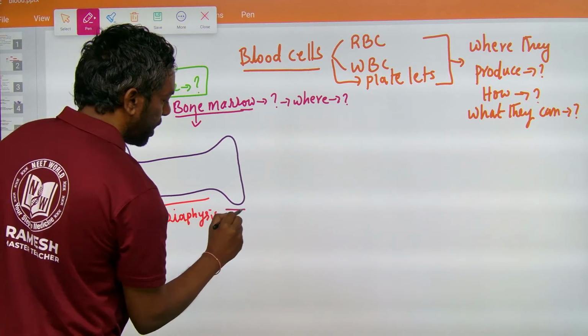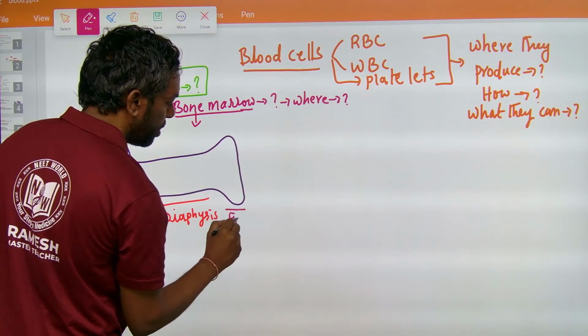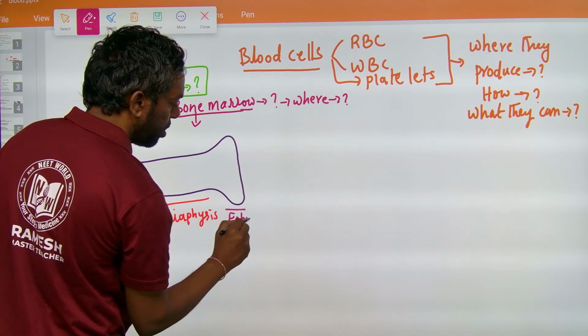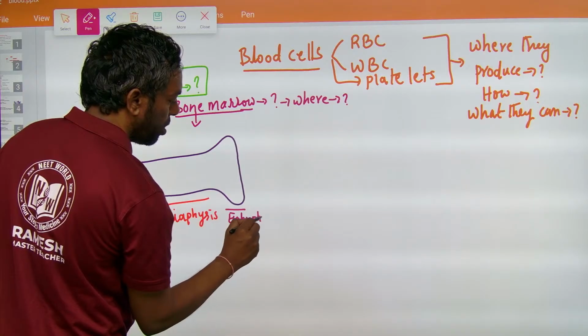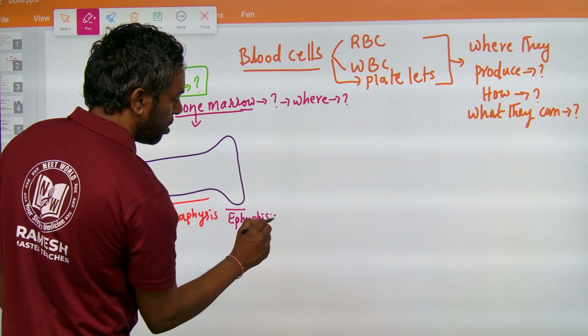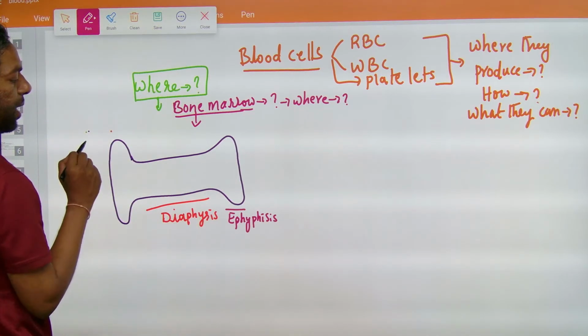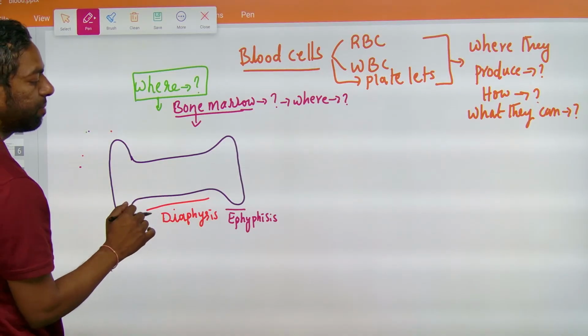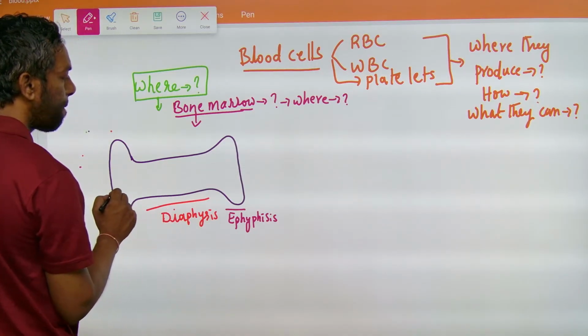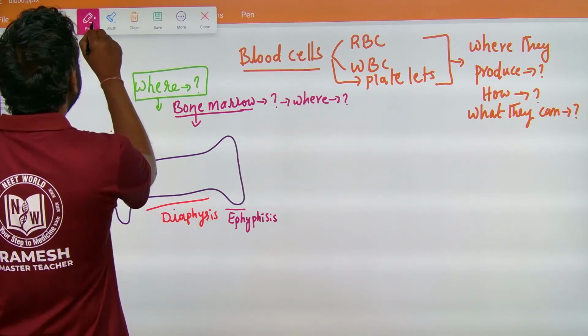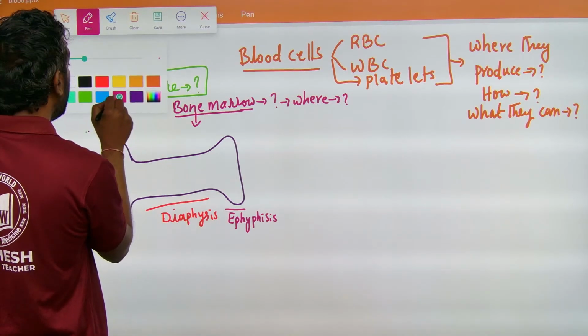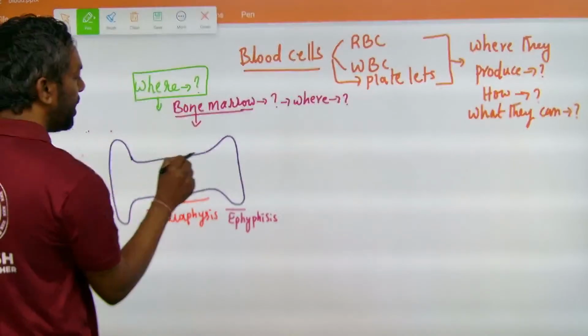This part is the epiphysis. The diaphysis and epiphysis are divided by a layer called the epiphyseal plate.